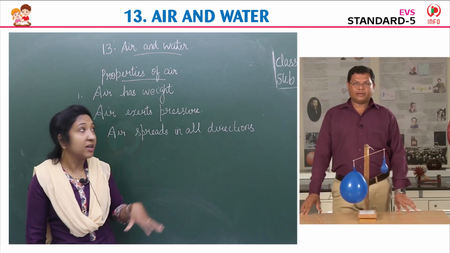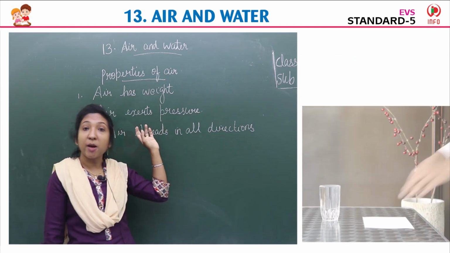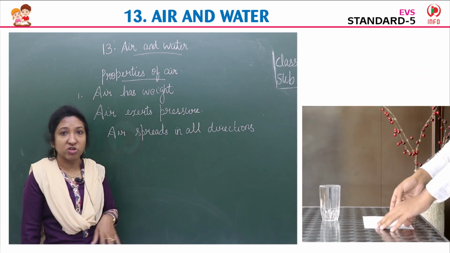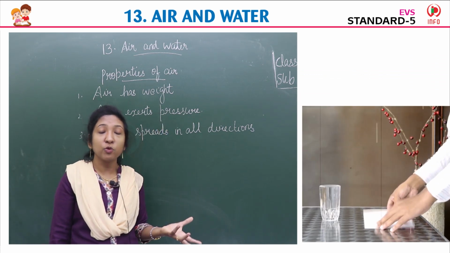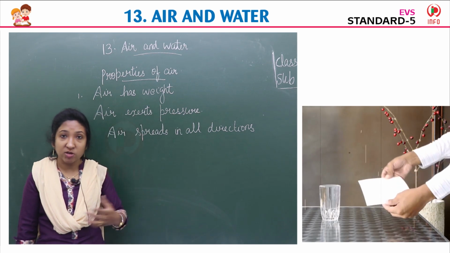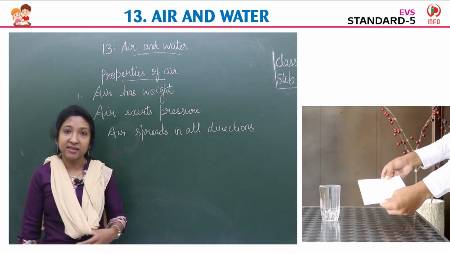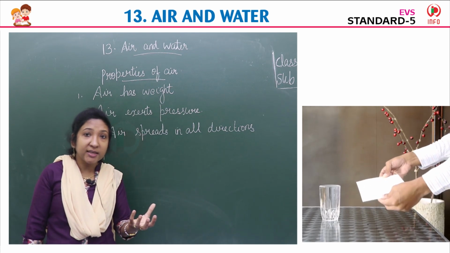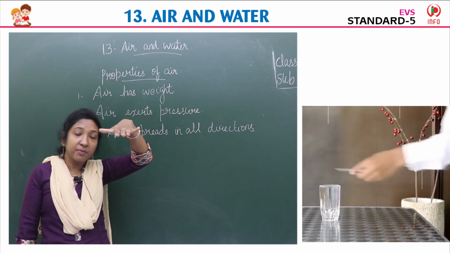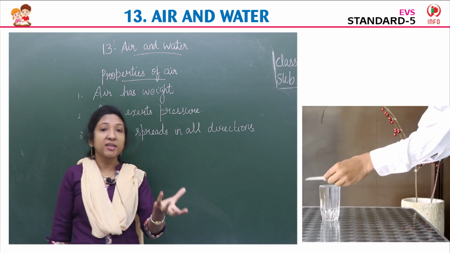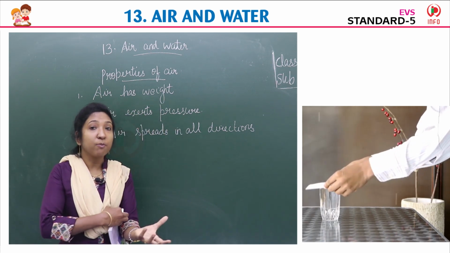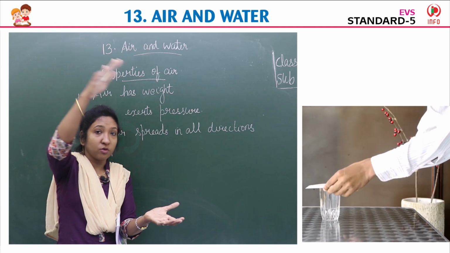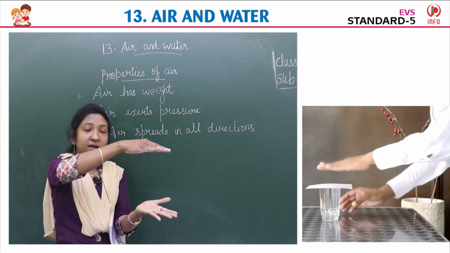Next, what we learned is that air exerts pressure. How do you prove that air exerts pressure? For that also we have an experiment, isn't it? You have to take a glass full of water up to the brim. Hold it in the left hand. Then using a cardboard piece, hold it firmly, tightly.